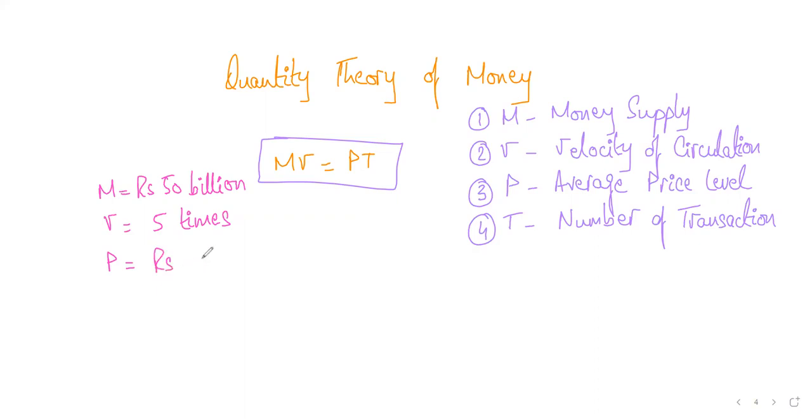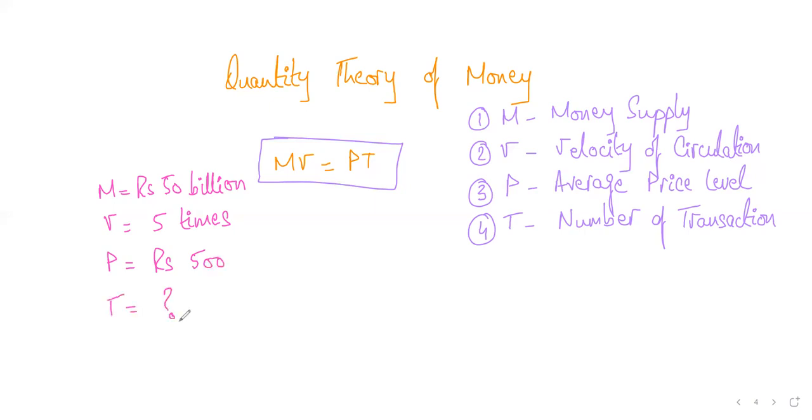So let's assume 250, or let's say 100, but that would be too less. We have to make it billion. Sorry, my bad. So let's say this was 500. And the number of transactions, this is something that we need to calculate.